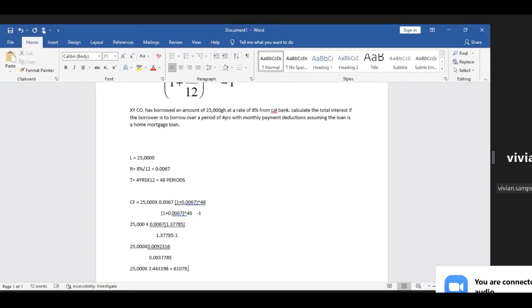Just 600 cedis. If we have to keep it as 0.009, and then divided by 0.0037, that will give us 2.432.